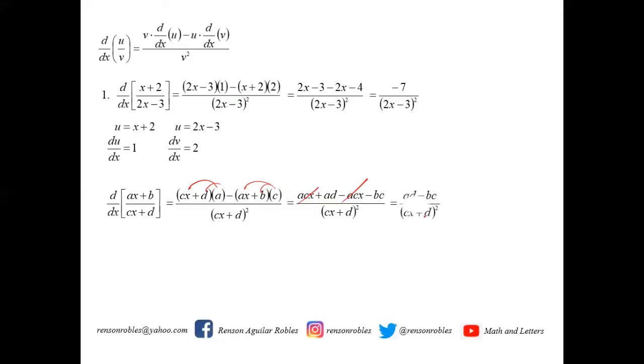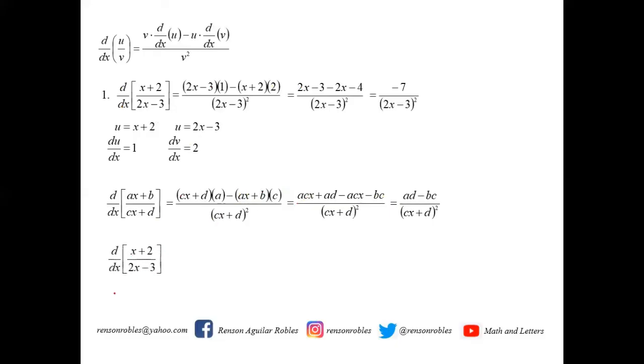So finally, we shall have ad minus bc all over cx plus d squared. And this is a special formula for this type of function. So let's try to work on this problem again, to see if we will get the same answer by applying this special formula. I shall rewrite x plus 2 all over 2x minus 3.